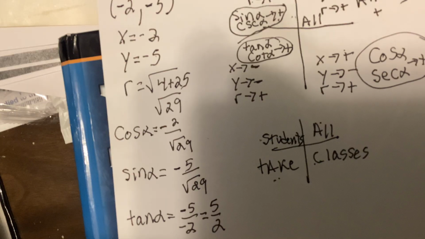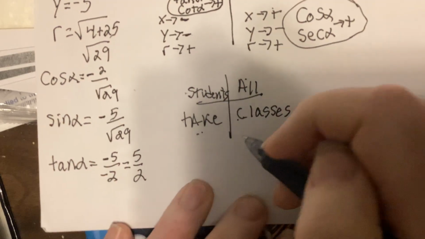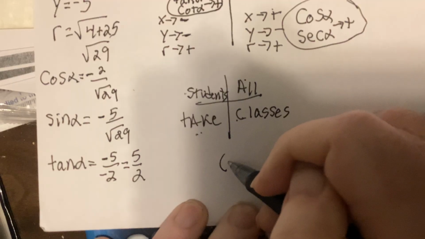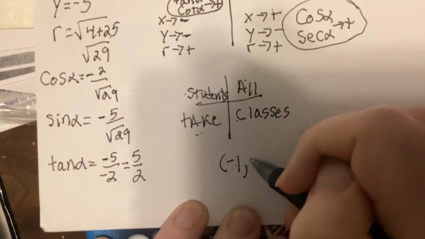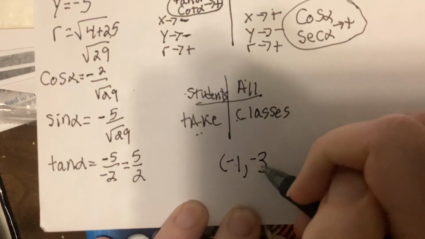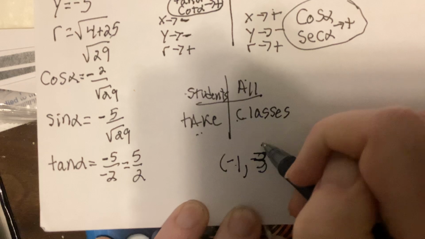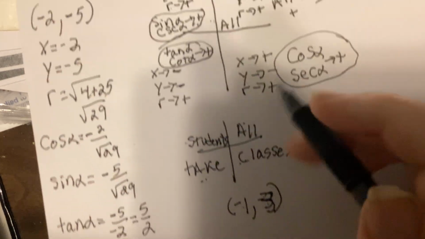Oh, excuse me. So if I said, what if we have an ordered pair, let's say, -1, -3. Now let's make it +3. Sorry, +3. So that would be in the second quadrant.